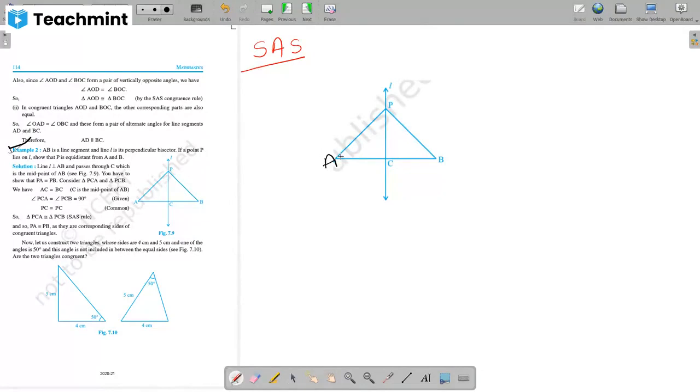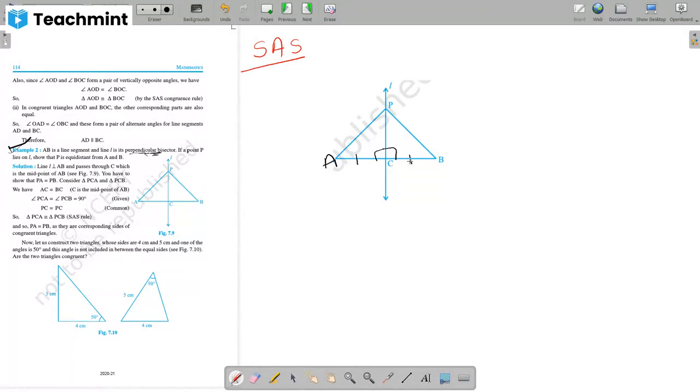So here we are given that AB is a line segment and this line L is its perpendicular bisector. Perpendicular means 90 degrees. The angle formed here is 90 degrees. And this line is also the bisector of this side AB. Clear? So two things we are given here.